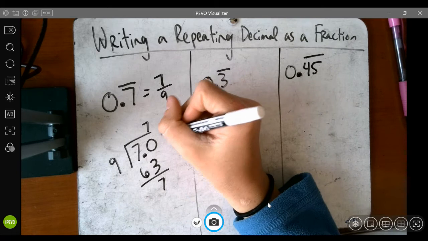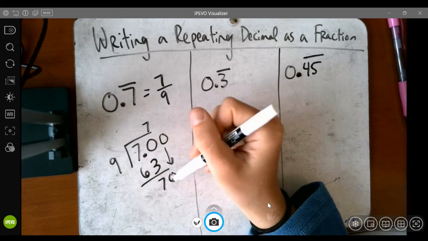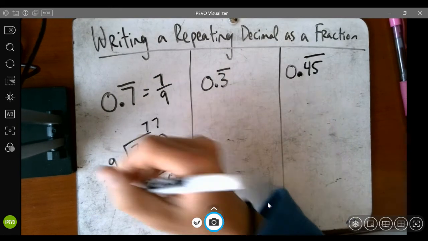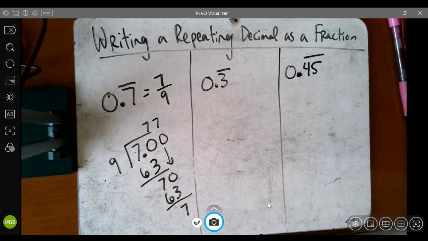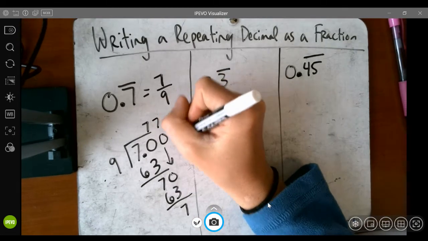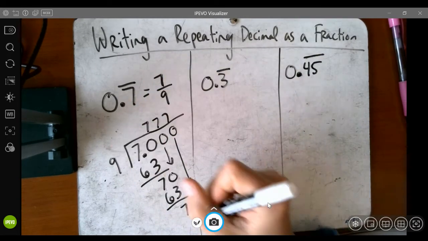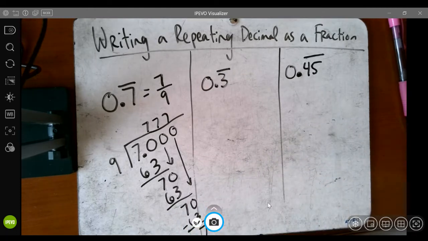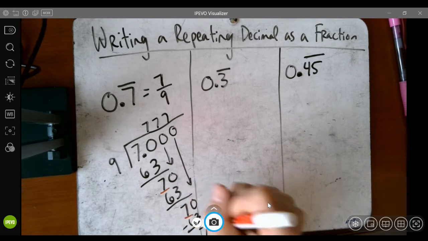So I would add another 0. 9 goes into 70, 7 times 9 is 63. I have another remainder of 7, and I can continue to do this again and again, and I am wasting my time because I'm going to continue to get a remainder of 7 every single time.